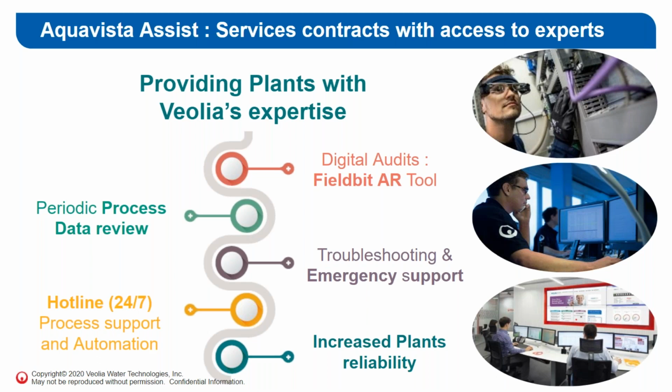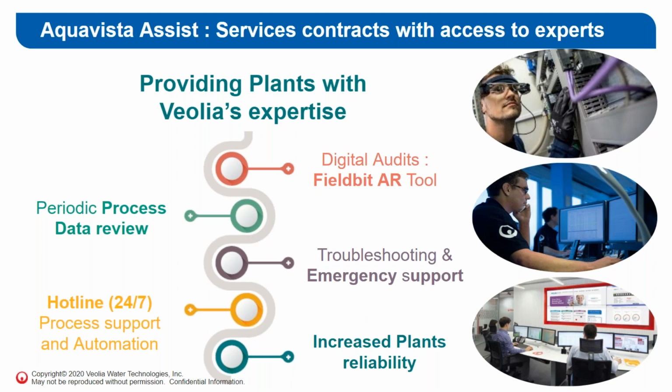We want you to know that we're here to help you in those processes that are necessary at your facility. And what we call our Aquavista Assist service contracts are one way that we do that.